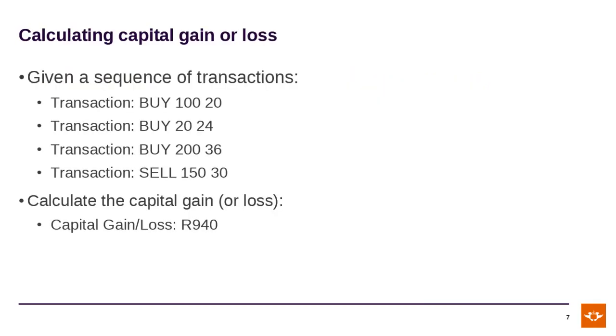Okay, what do I mean by transactions? Well, we can talk about buying or selling shares. So each transaction will say that we're either buying or selling, then the quantity of shares that we're buying or selling, and then the price at which we're buying or selling these shares. So at the end of the day, we'll have a certain number of buy transactions and a certain number of sell transactions.